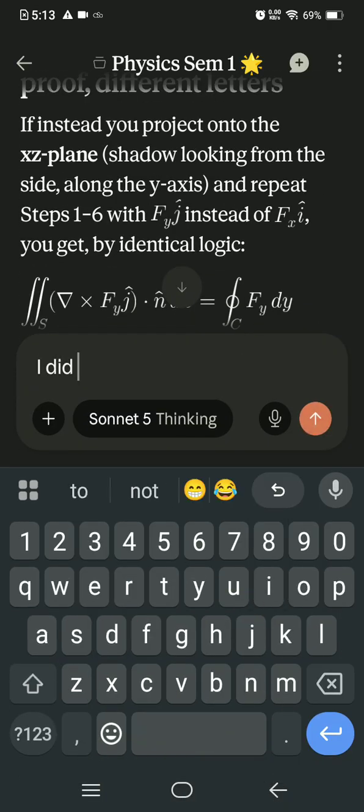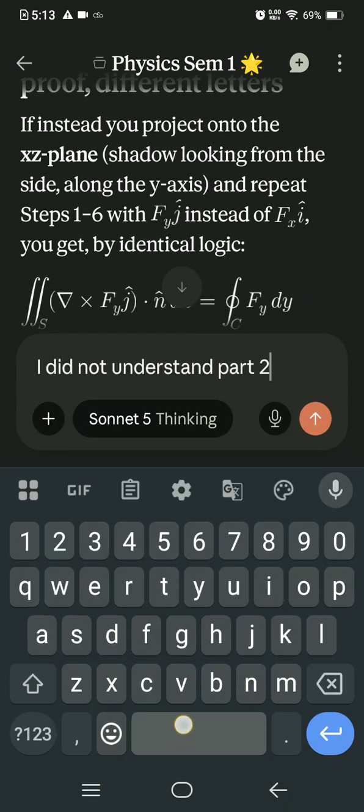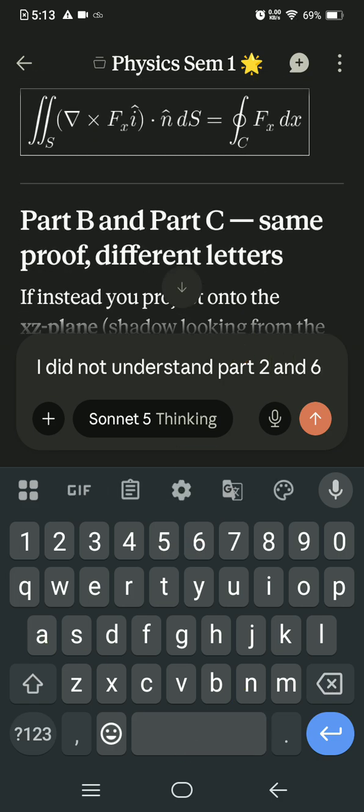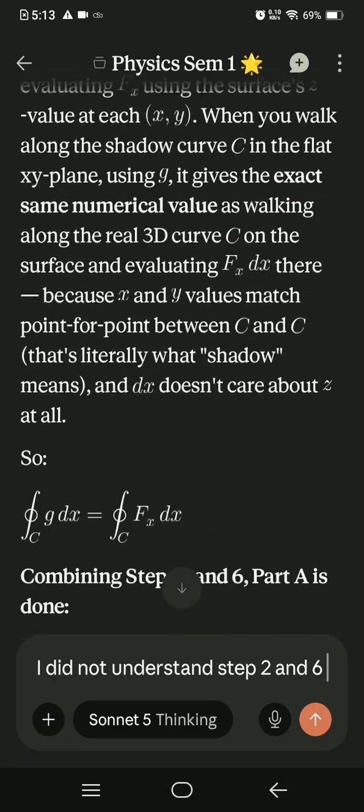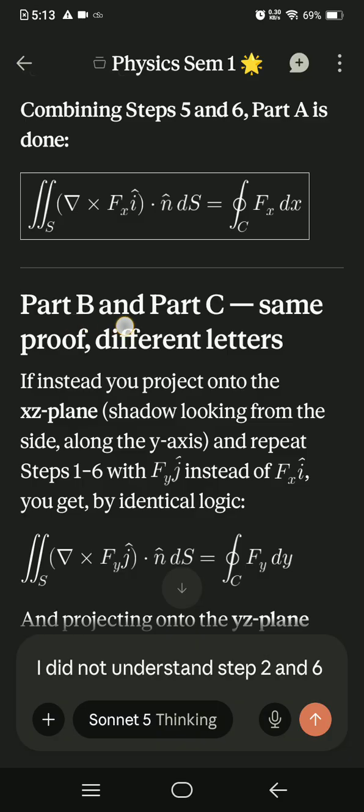I did not understand part 2 and 6. So part B and C, same proof, different letters.